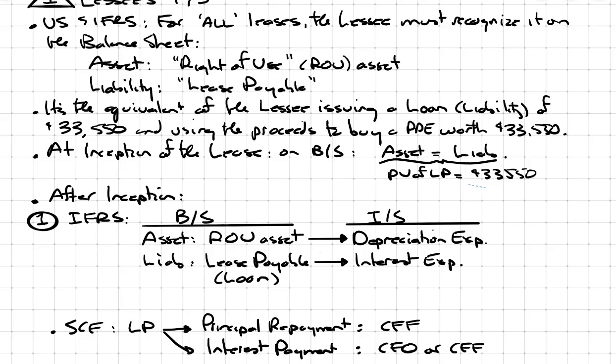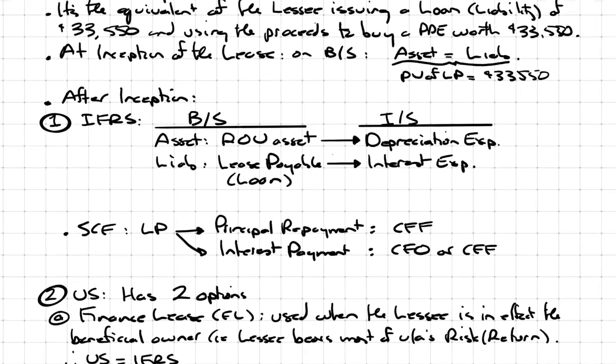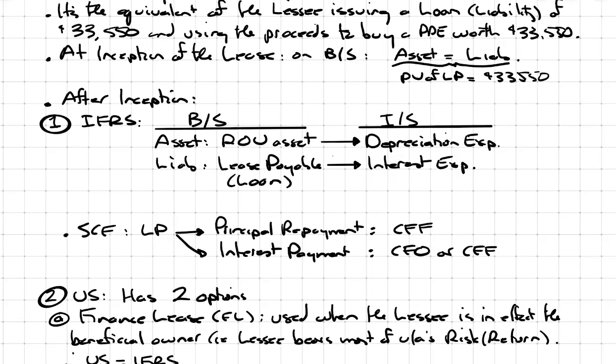And that's why they treat it as if they bought the asset, even though the lessee never actually paid $33,550 for the asset upfront. Instead, the $33,550 represents the present value of the future lease payments that the lessee has to make. Now, after inception, in other words, after we've treated it as if the lessee just bought an asset, let's see what happens to the financial statements.